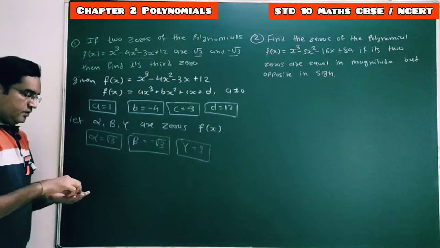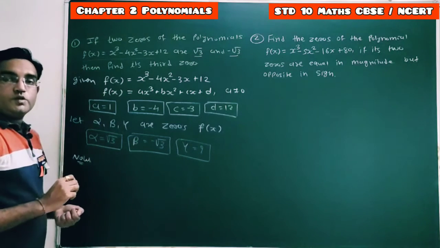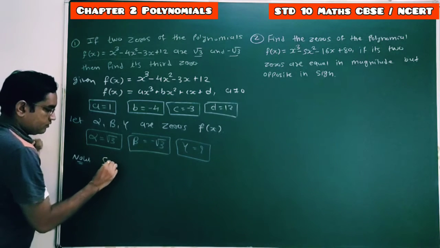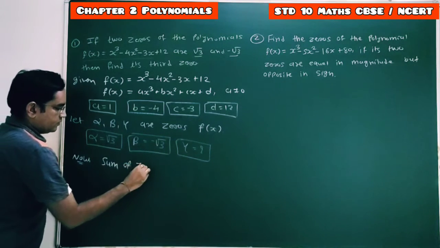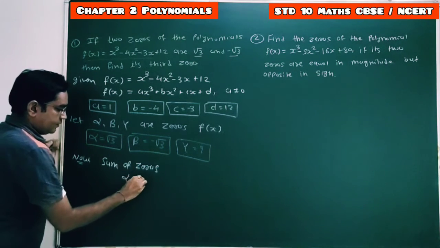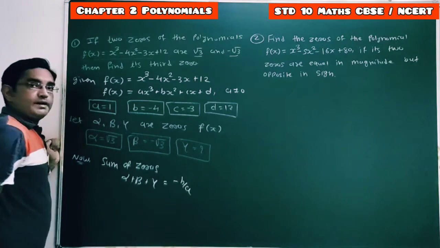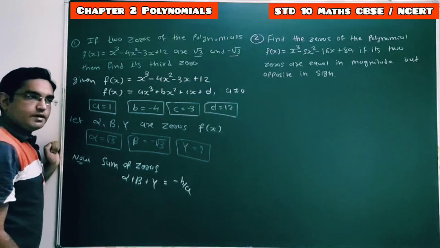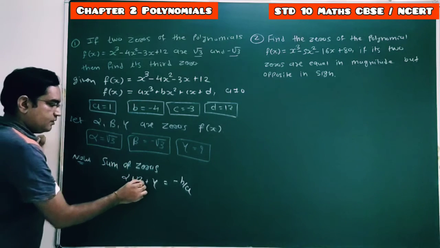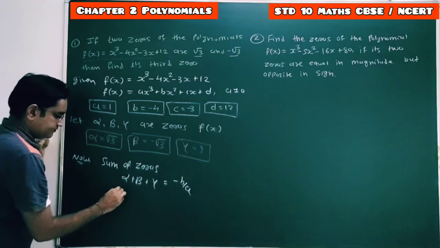This is the question. Now simple, we are using the relationship between zeros of a polynomial and its coefficients in this cubic polynomial. So we know the sum of zeros of a cubic polynomial, that is alpha plus beta plus gamma, equal to minus b by a. This is the formula, the relationship between zeros of a polynomial and its coefficients. So alpha plus beta plus gamma equal to minus b by a. What is alpha? Root 3.